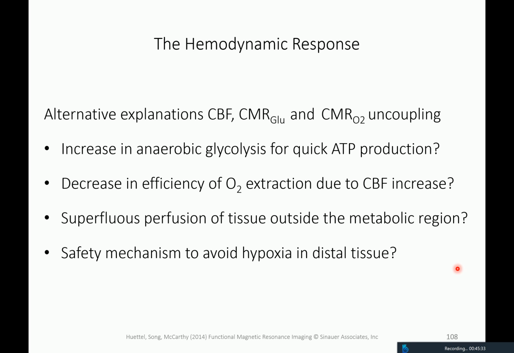So these are now four ideas of why this is happening, and the fifth was on the slide before, that it's mainly the astrocytes. The verdict is still out there in a way, at least from the Hüttel book.